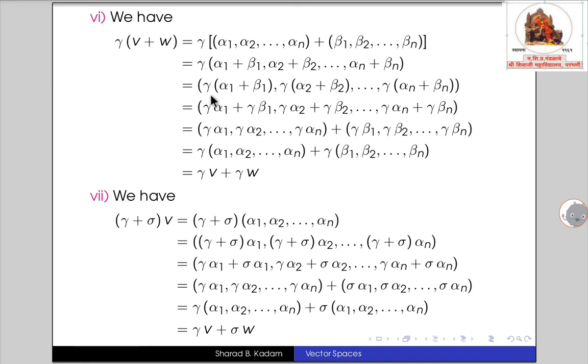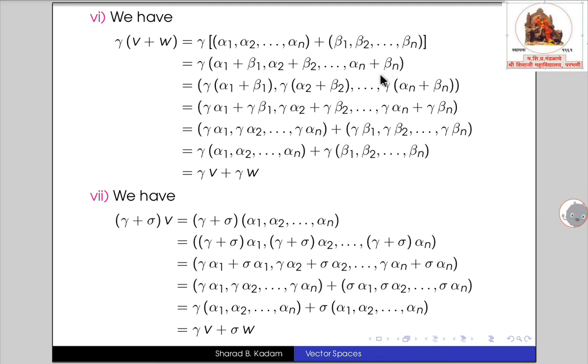So in first component we have γ·(α1 + β1), second component is γ·(α2 + β2), nth component is γ·(αn + βn). Here γ, α1, α2, αn, β1, β2, βn all are scalars.